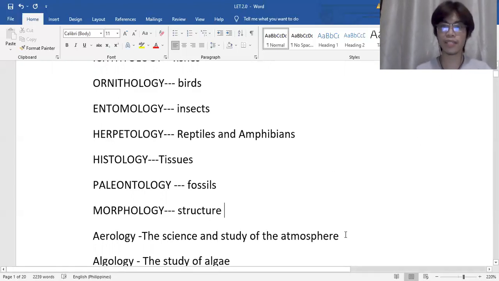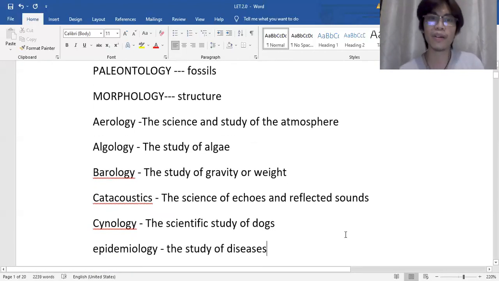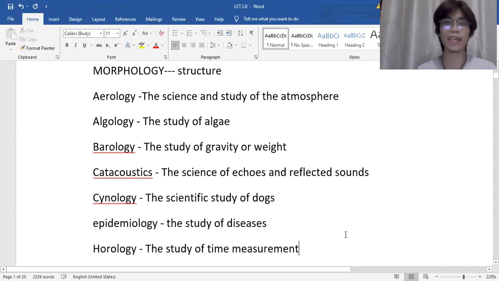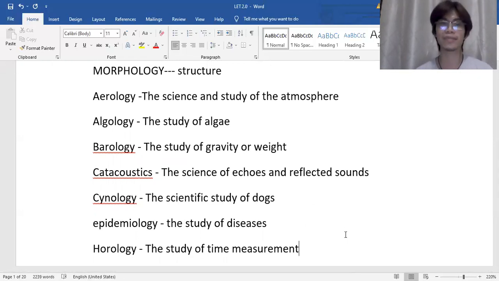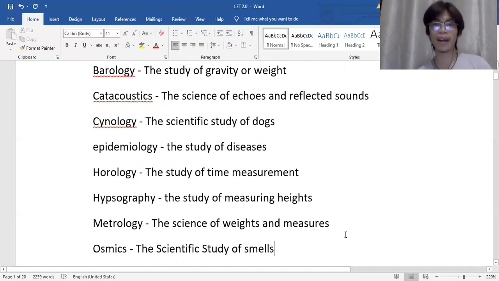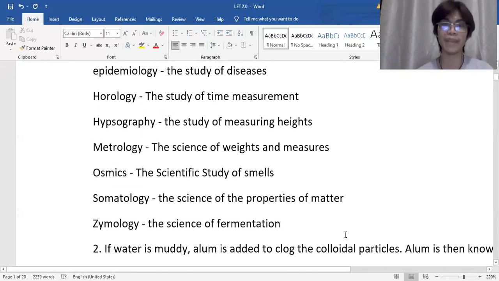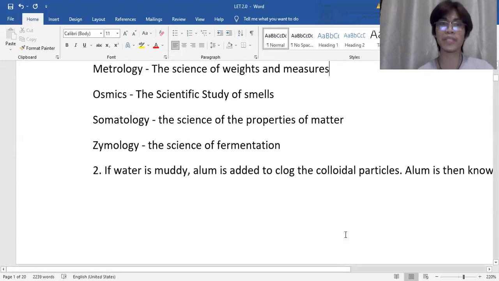Of course, I also add some other branches of science: aerology, the science and study of atmosphere; algology, the study of algae; acoustics, the science of echoes and reflected sounds; epidemiology, or the study of diseases; horology, the study of time measurement; metrology, the science of weights and measures; and somatology, from the word soma, the science of property of matter.